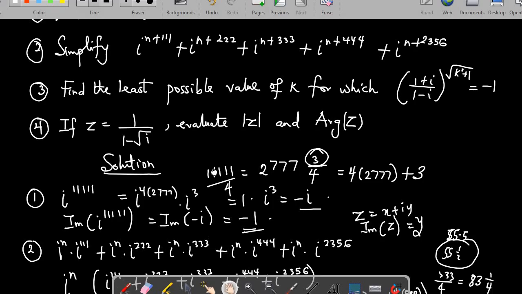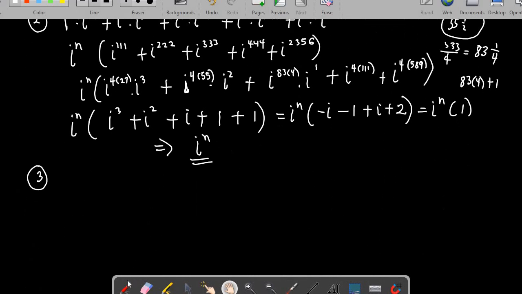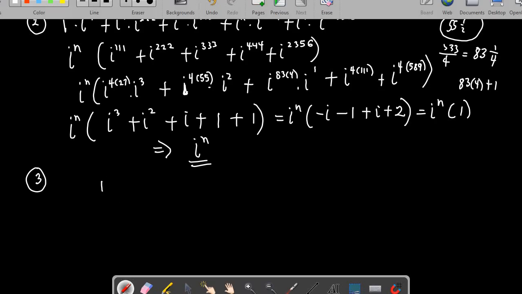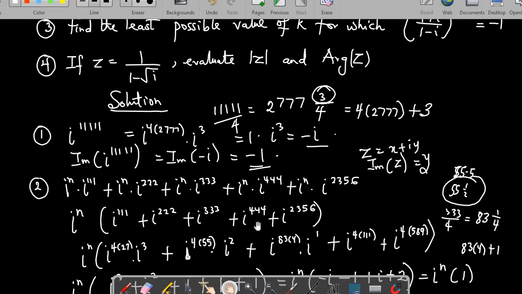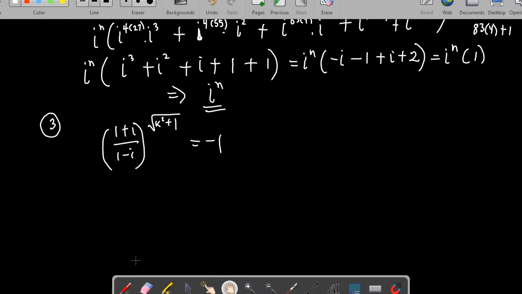So let's go. That will be (1 plus i over 1 minus i) to the power of the square root of k squared plus 1, equals minus 1. That's the question. So we're looking for the lowest possible value of k for which the equation holds. If you rationalize this, you have 1 plus i over 1 minus i.